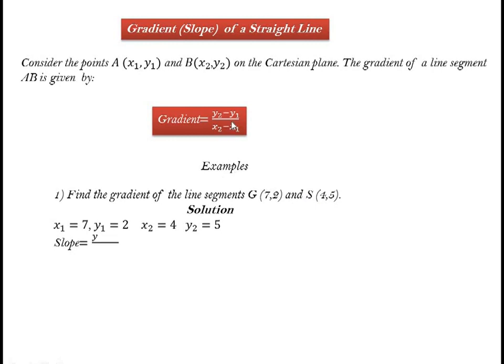So we substitute in our formula, slope equals y2 minus y1 divided by x2 minus x1, which is equal to 5 minus 2 divided by 4 minus 7. We have here 3 divided by negative 3, which gives us negative 1.